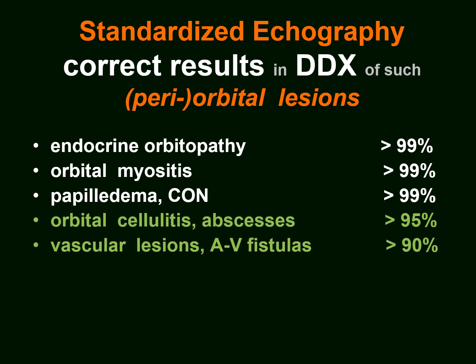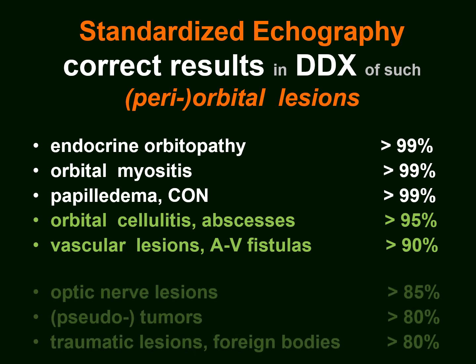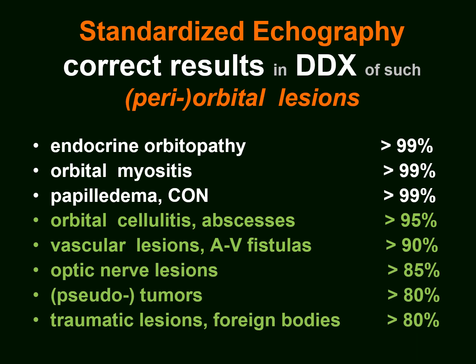Not quite as high, but still outstanding: orbital cellulitis, abscesses, vascular lesions like AV fistulas, optic nerve lesions, tumors and pseudotumors, above 80% correct differential diagnosis, traumatic lesions, foreign bodies. There is no other examination technique or method in the orbit that can come close to that.